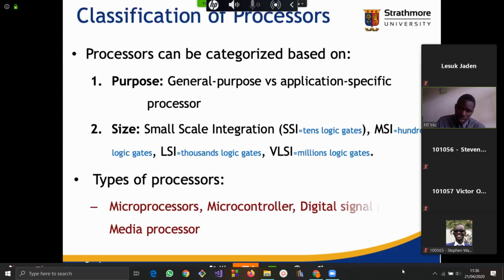We have microprocessors, microcontrollers, digital signal processors, media processors, and many others. But our focus in this unit will be just two: the microprocessor and the microcontroller. We won't focus on any other processor. What is a microprocessor and what is a microcontroller?